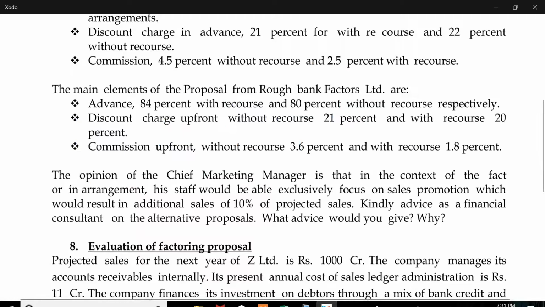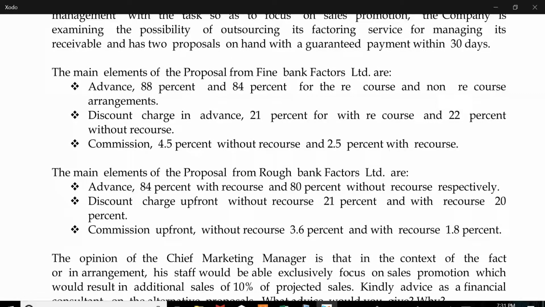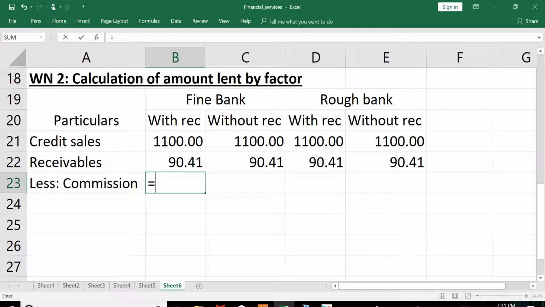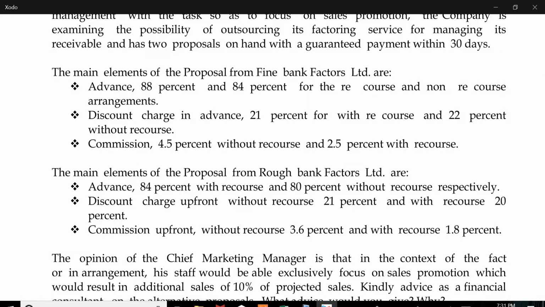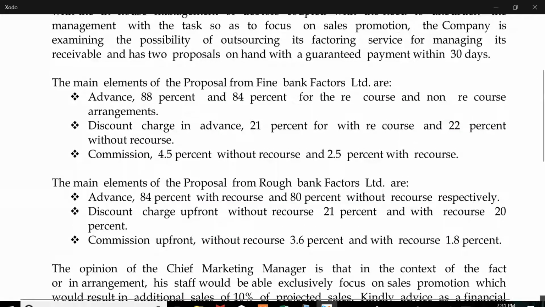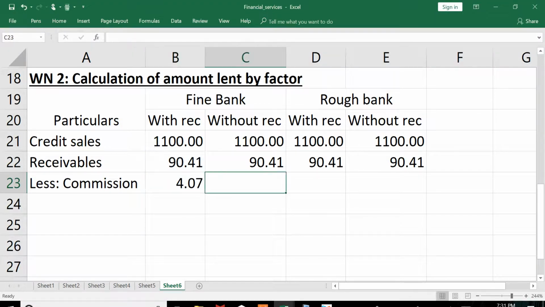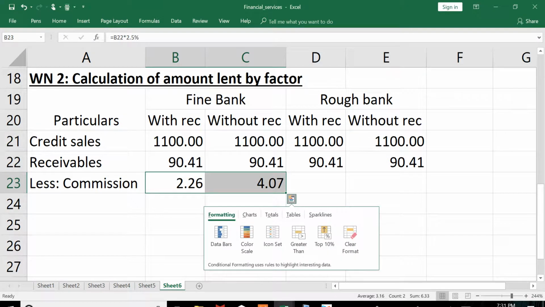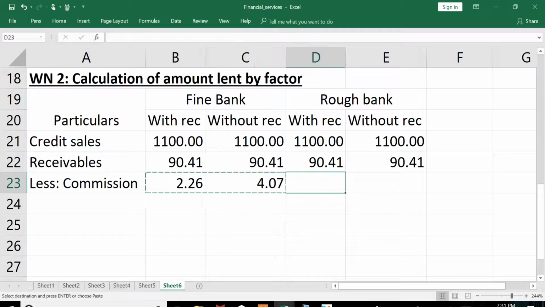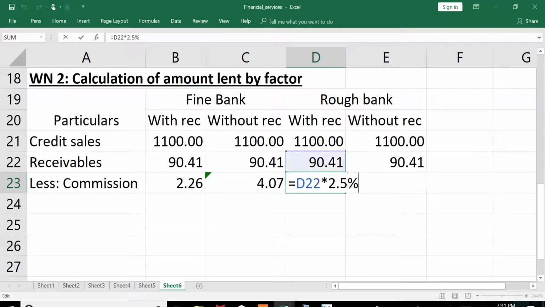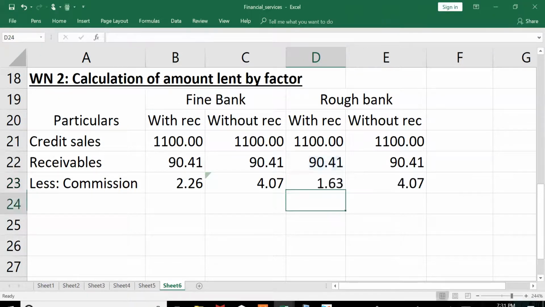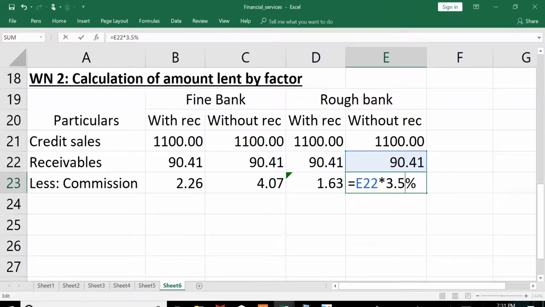Bank with recourse is 2.5%, and the rough bank is 1.8 and 3.6. Now listen, we used to go to less reserve.